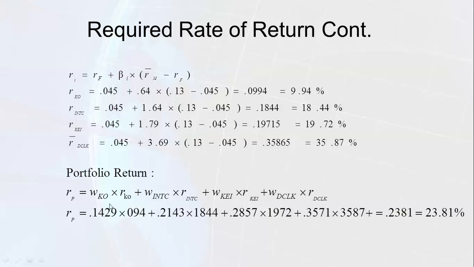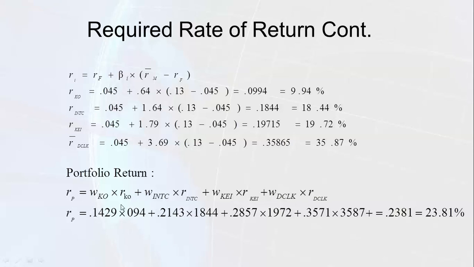Once you multiply each of these required rates of return with respective weights and add them together, you're gonna get the portfolio return. So here it is basically a weighted average.